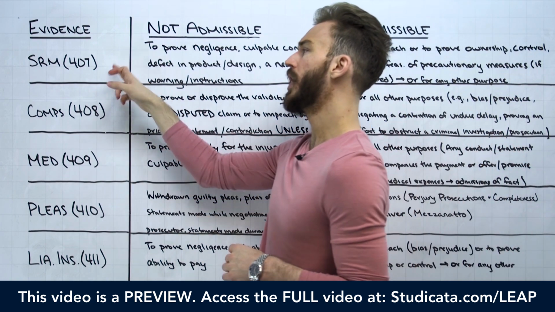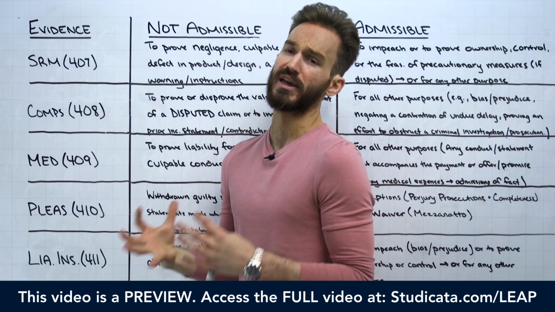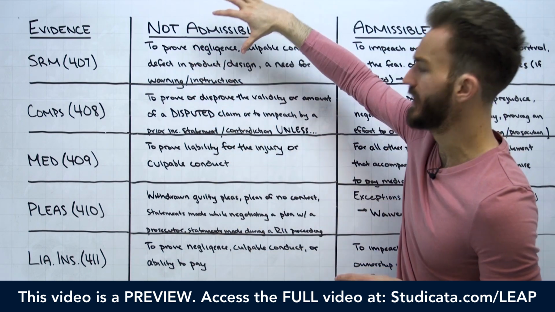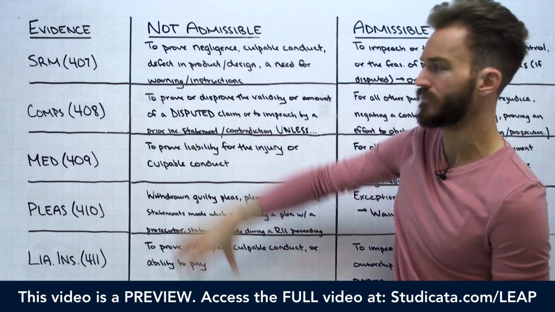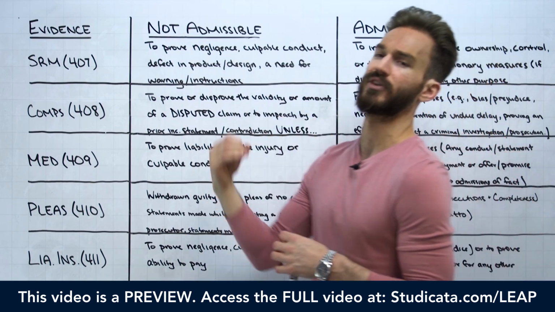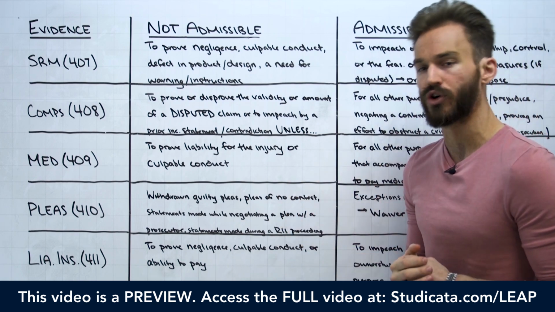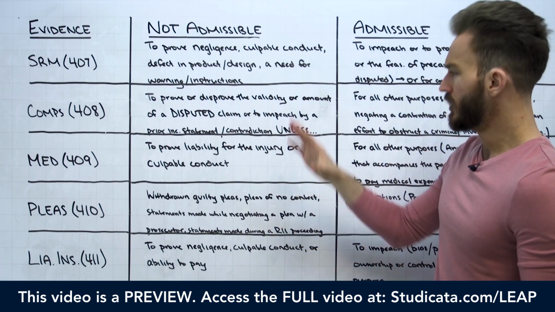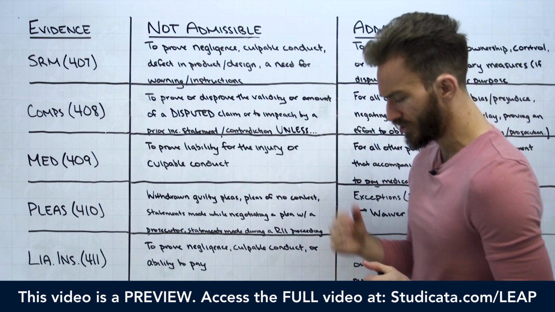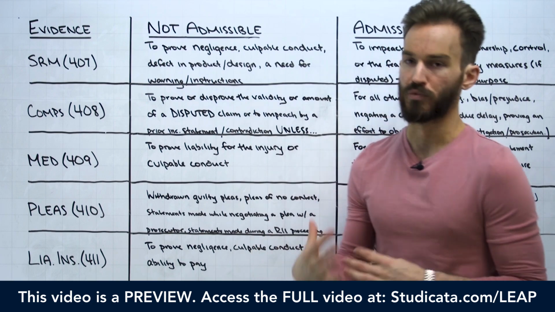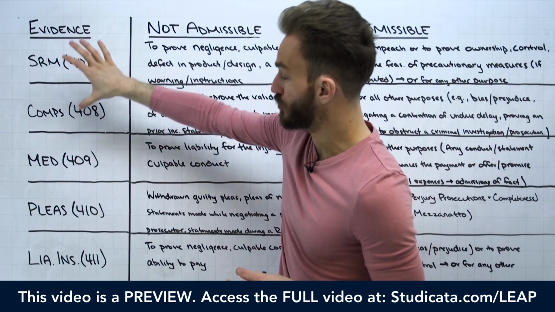It'll all come down to why we are introducing this evidence. If we're introducing this evidence to prove anything you see in these columns, that's generally going to be not admissible. But if it's for any other purpose, then generally it's going to be admissible. We'll talk about a lot of examples here and run them all through one by one. But that's the flow. Number one is, are these rules triggered?